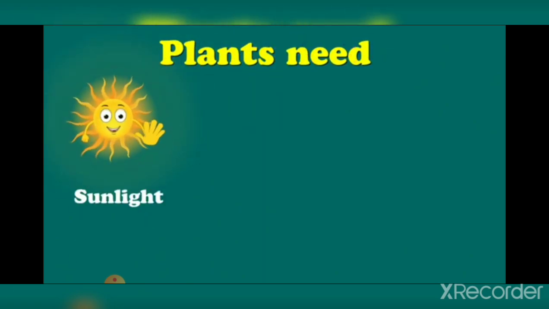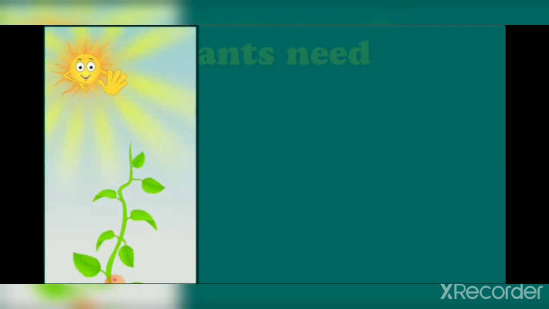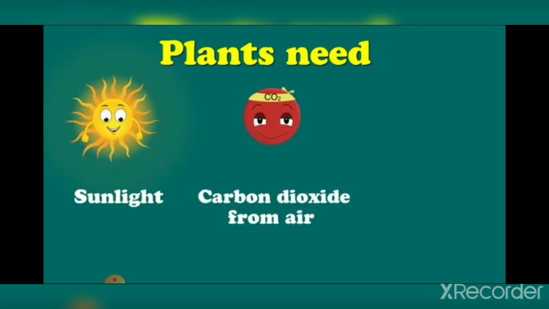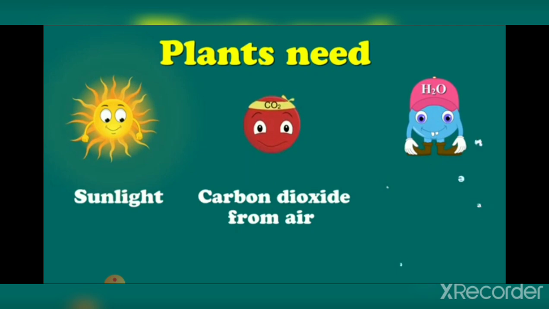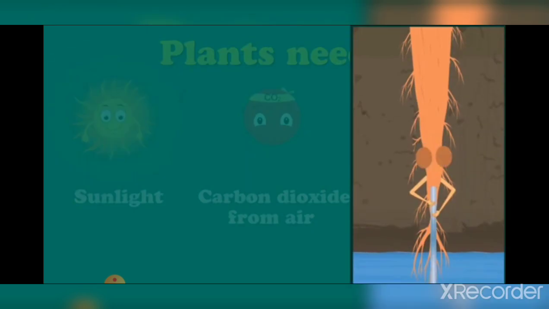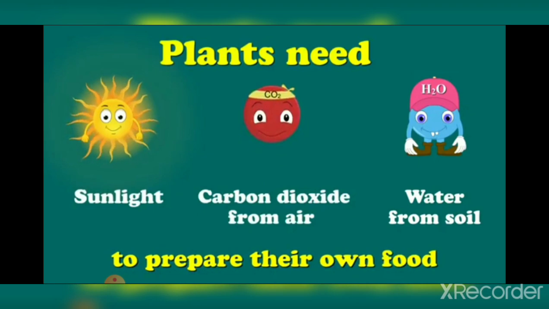So now in all these things we learn that plants need sunlight, air, and plants take carbon dioxide from the air and need water from the soil. You can see here how the plant takes water. The underground part is the root and the part on the ground is the stem. We all know that.